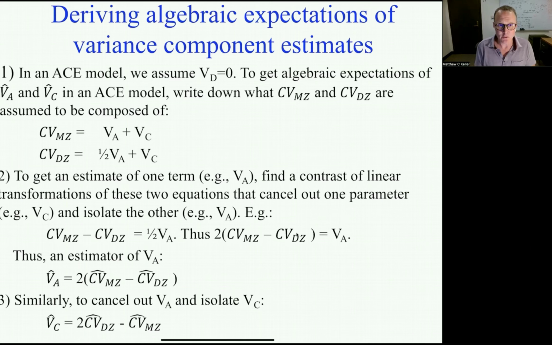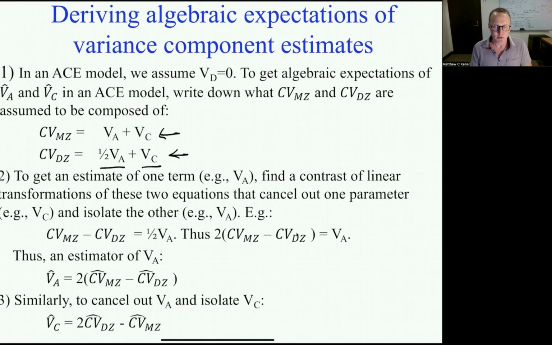So assuming that there's no dominant genetic variance, there's a lot of other assumptions that we'll talk about later, but for now, we're really concentrating on just these assumptions. So we're making the assumption that there's no dominance genetic variance, and therefore the covariance of MZ twins is just equal to the VA in the population plus the VC in the population. And by the same token, the covariance of DZ twins is composed of half of the additive genetic variance in the population plus the full shared environmental variance in the population.